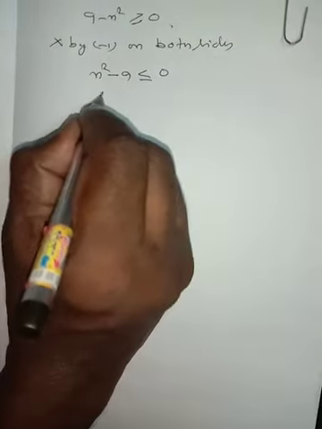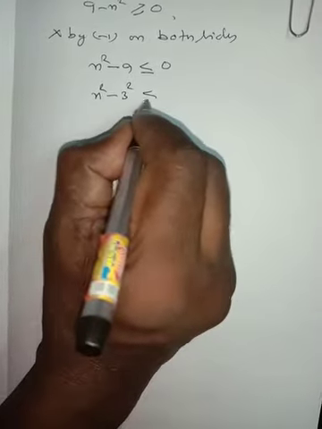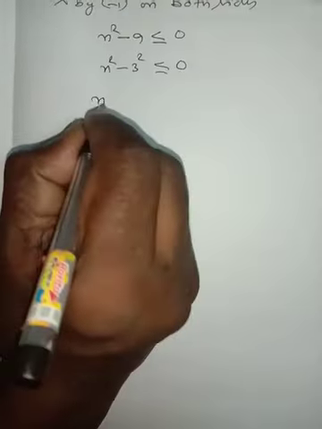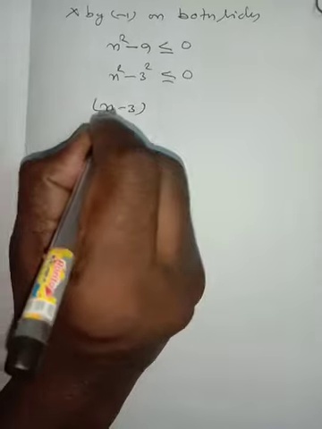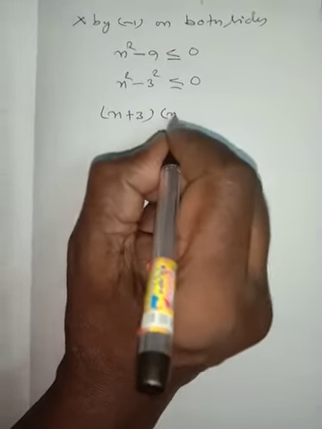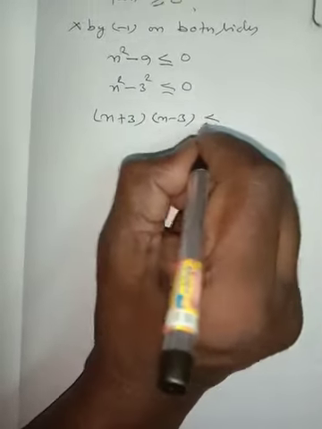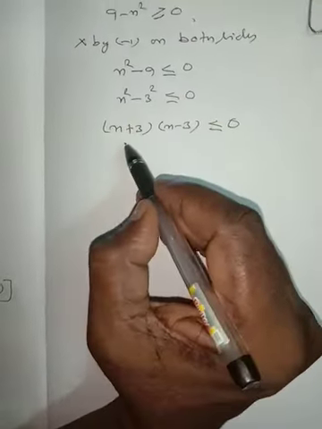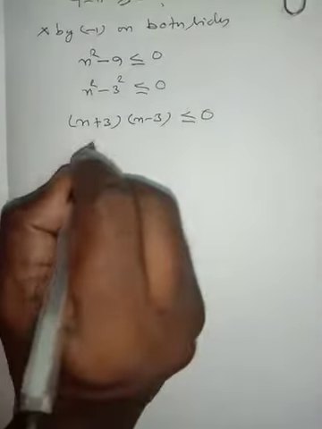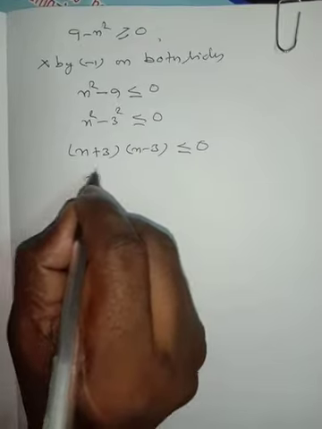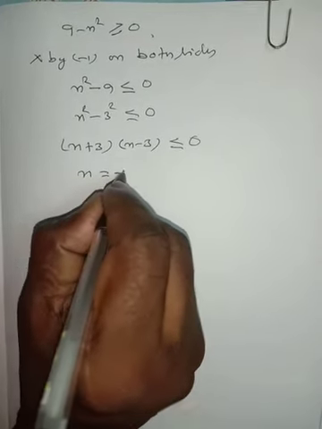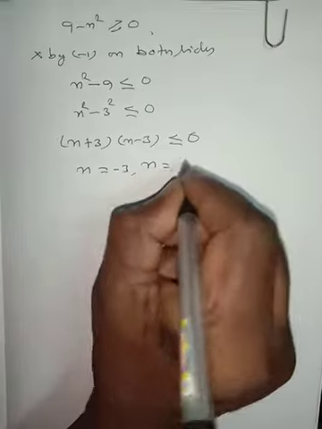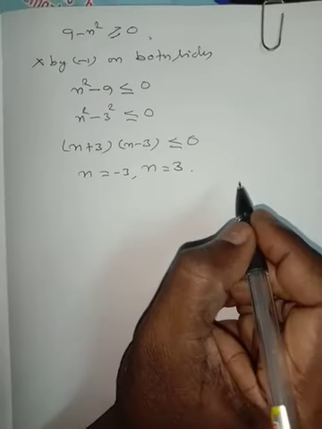This means x square minus 3 square is less than or equal to 0. So x minus 3 into x plus 3 is less than or equal to 0, since a square minus b square is a plus b into a minus b. Therefore, x plus 3 is equal to 0 means x is equal to minus 3, and x is equal to positive 3.